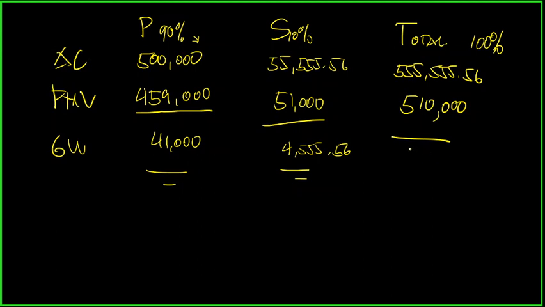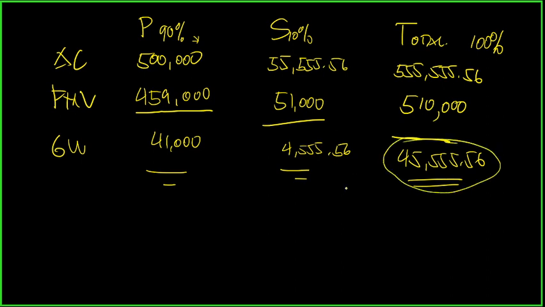You add that together, dapat yun din yung difference nito, 45,555.56. Tada! So this is now your full goodwill, when the fair market value of the subsidiary is not given.